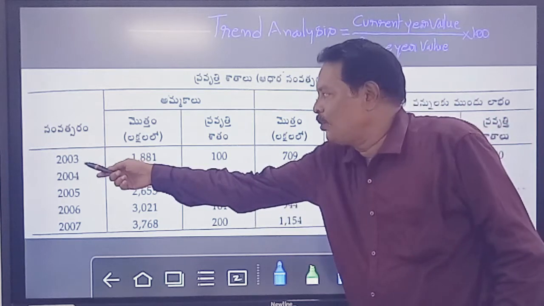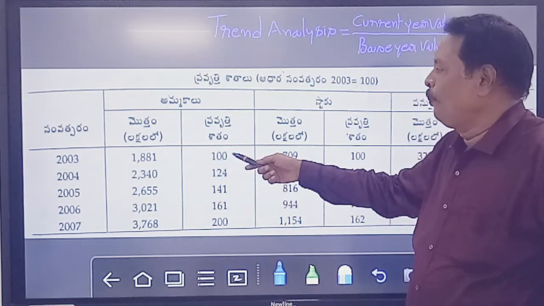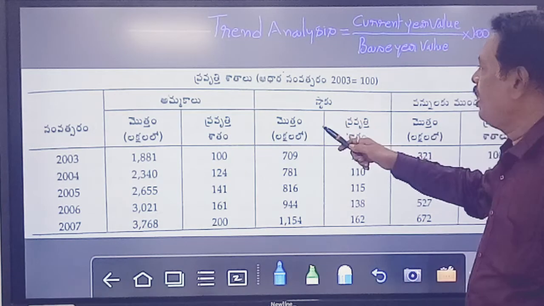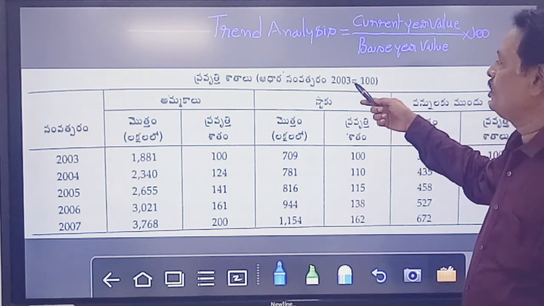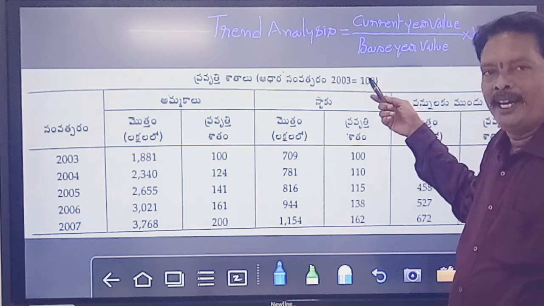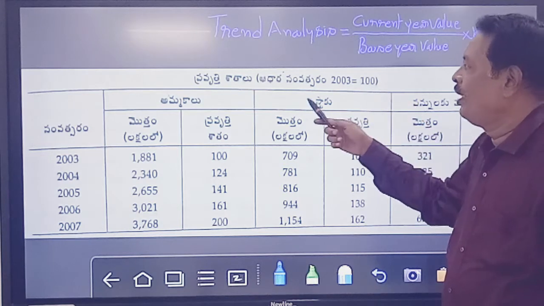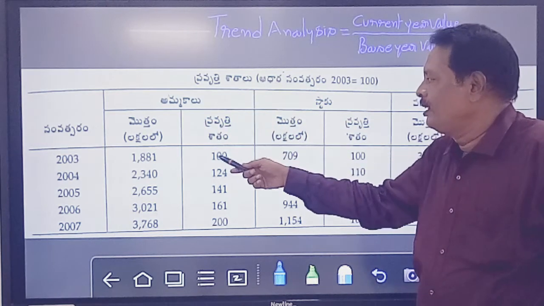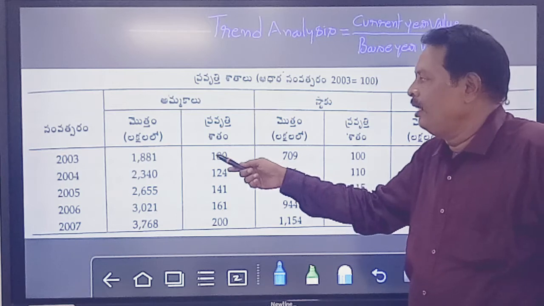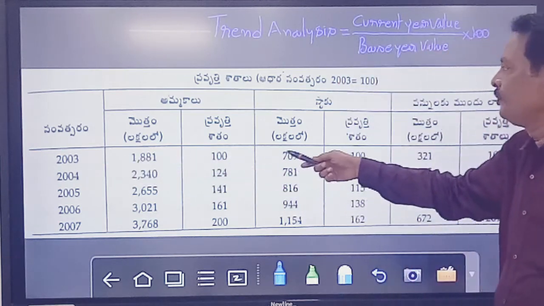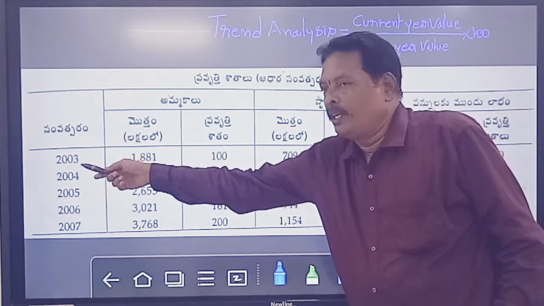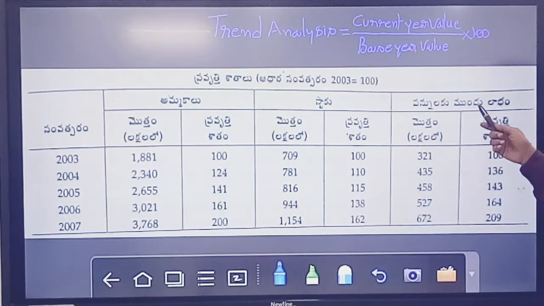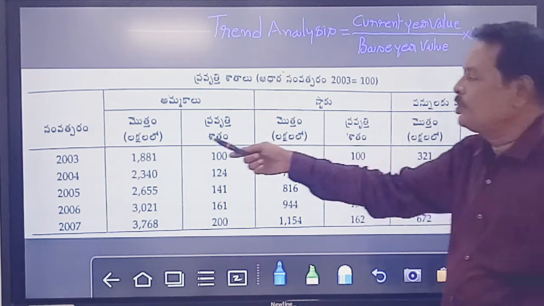For the first year 2003, you put 100, because we already mentioned the base year 2003 as equal to 100. That's why for each and every item, for sales, you must write 100 towards the 2003 year. Like this, for stock, 100 towards 2003, and for profit before tax, write 100 for 2003.